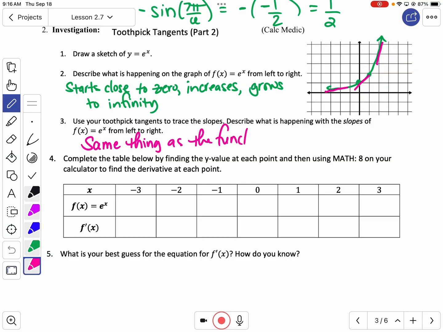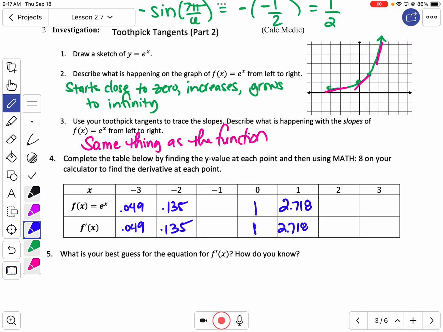What did you notice when you filled out the chart? Yeah, the f of x values and the f prime of x values should have worked out to be the same. So 0.049, 0.049, 0.135, and so on. At 0, we would have both had 1, 2.718, 2.718.